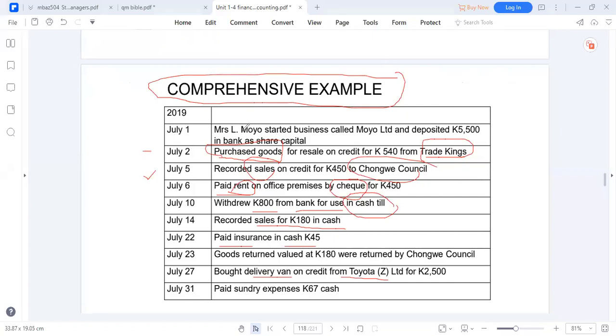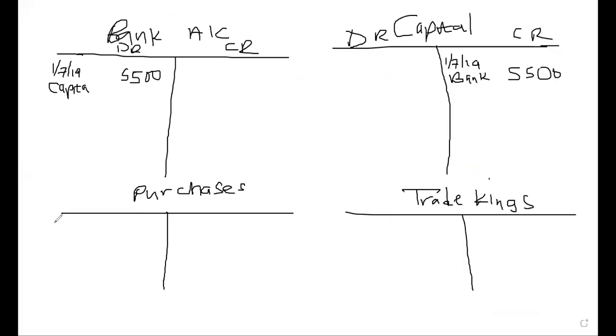So meaning that on second, 7/19, so we have the Trade Kings. Then here, again, on this one was a giveaway, that is on second, 7/19.